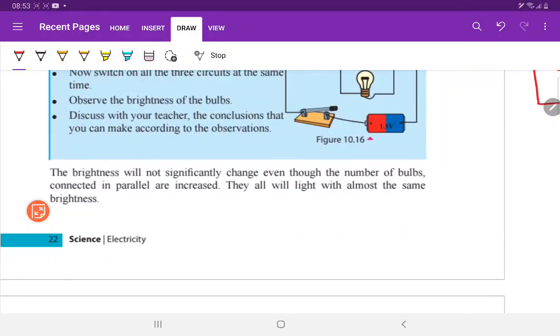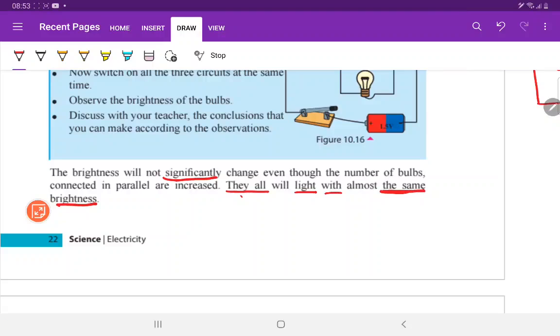The brightness will not significantly change even though the number of bulbs connected in parallel is increased. They all will light with almost the same brightness.